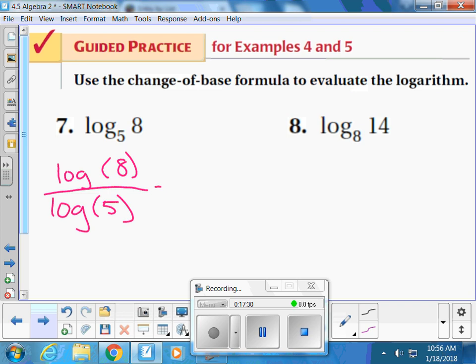Did you guys get 1.29? And if you want to check yourself, you can feel free to use that special button to check. I actually use the special button just to be a checker for you guys. It's 1.29. Okay.